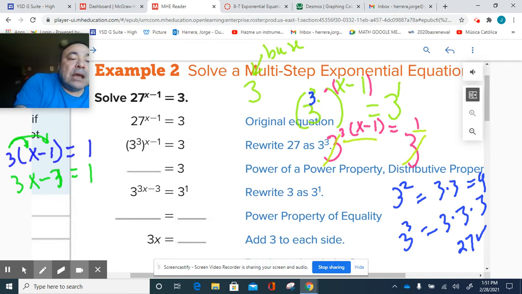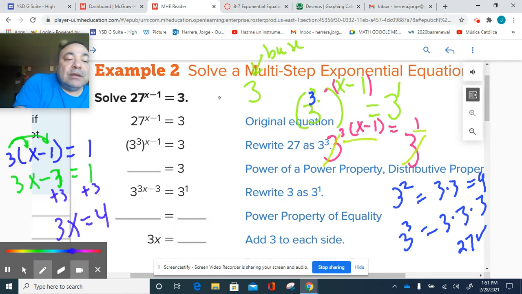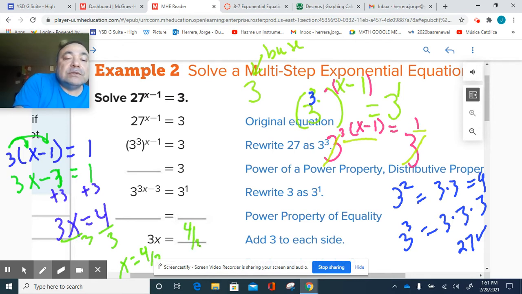Now I need to add plus 3 to both sides. I got 3x equals 4. I divide both sides by 3, and I'm done. See? Then I got x equal to 4/3, guys, or some of you will say 1.333, whatever. Either way, we will take it.